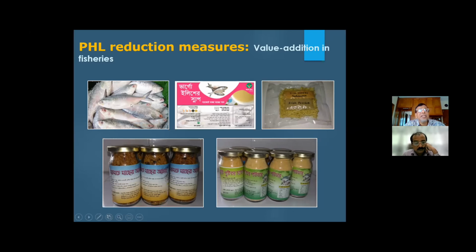Hilsa is relished by people globally. But due to pin bones, it is very difficult to eat, so we wanted to prepare value-added products of Hilsa. We developed Hilsa powder and Hilsa cube, and from them we developed Hilsa soup and Hilsa noodles, and they were well received by the people.